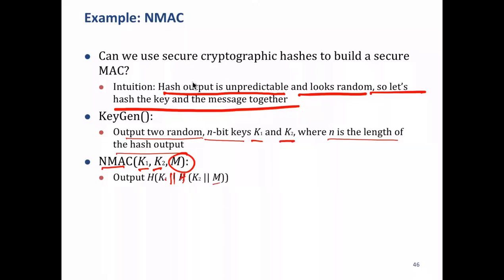First take k2, concatenate it with m, and hash that. This output is concatenated with key k1, and the whole result you hash again. So that is one way, which is called NMAC.